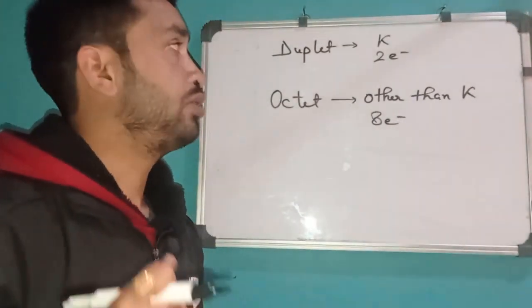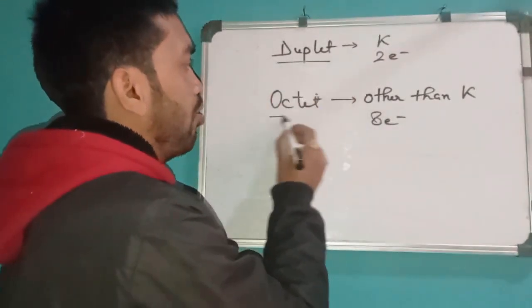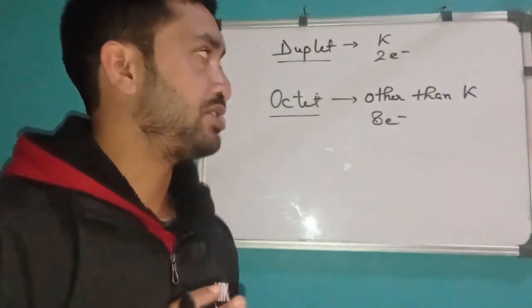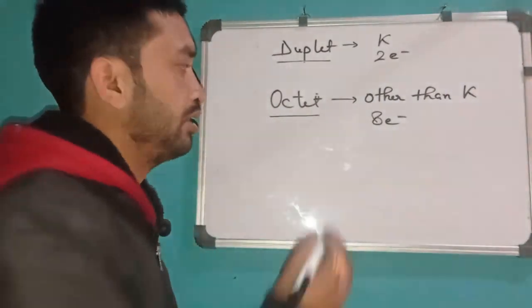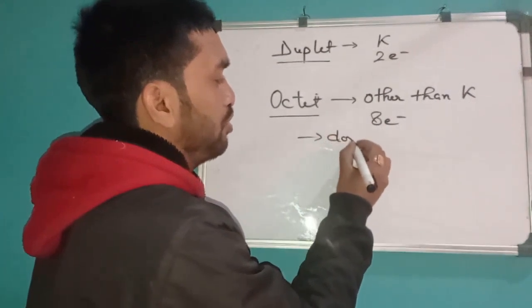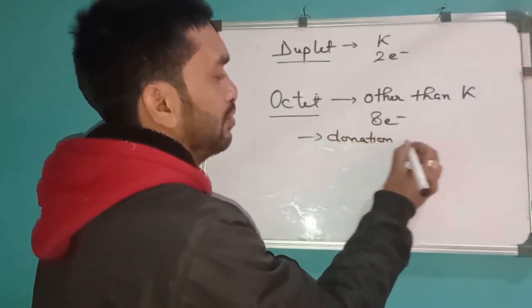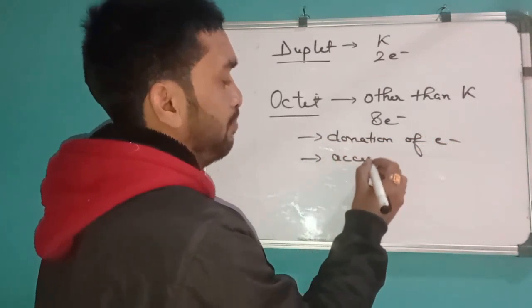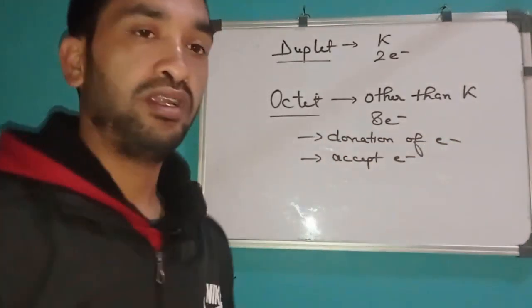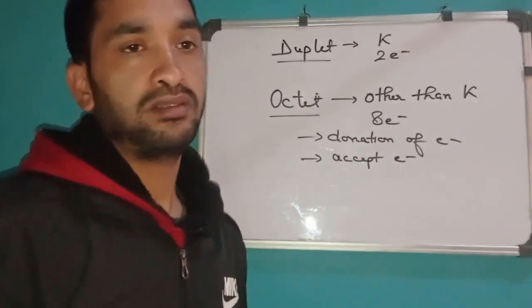So the way to achieve stability is acquiring duplet state or acquiring octet state. Now again there are two ways to achieve duplet or octet. They are donation of electron, or you can accept electron. Again two ways are there to get stable.